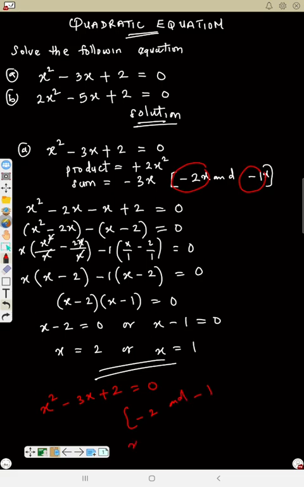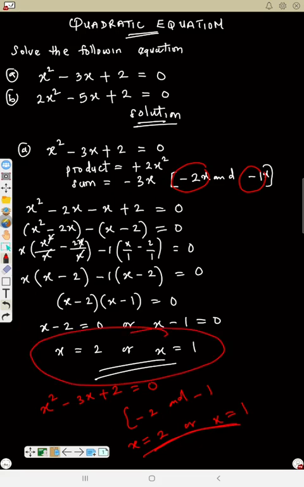Now that means this minus 2 will change to plus 2, or s is this minus 1 will change to plus, that will be 1. So the answer is 2 or 1, which is the same thing as this. So that is the short method. And remember, the coefficient is 1, so it's like saying divided by 1, but it will not change anything.